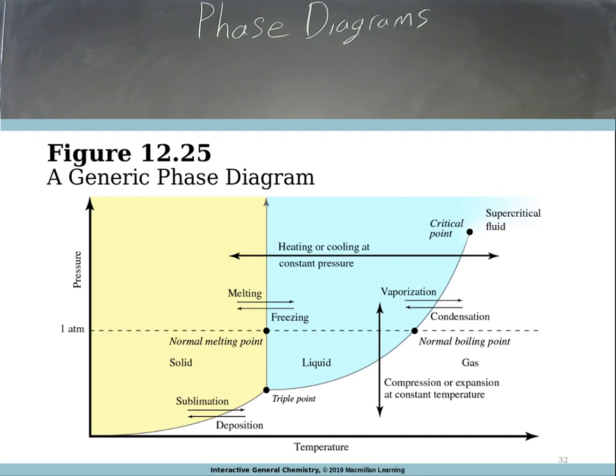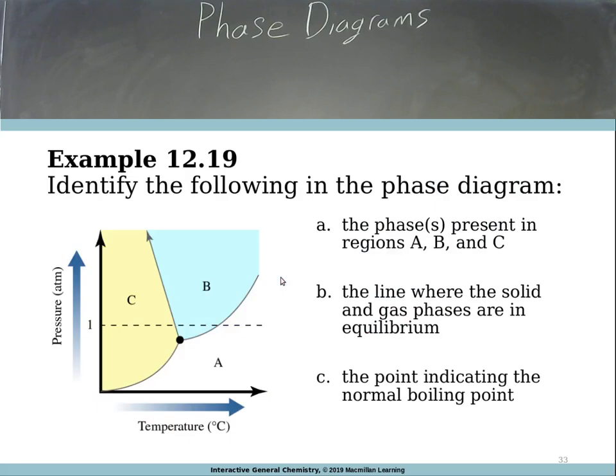You'll notice that the liquid-solid boundary is very steep, but it is not a vertical line. It's usually a positively sloped line, so it's usually going up and to the right ever so slightly. But there are exceptions to that rule, and we'll examine one in a moment. So if we look at this phase diagram, let's just answer these questions really quickly.